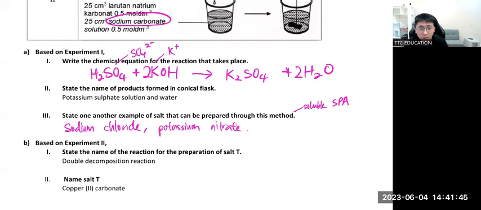So if you guys are done, please go to question number 21, which is page number 38. Question 21, guys, it's on page number 38.